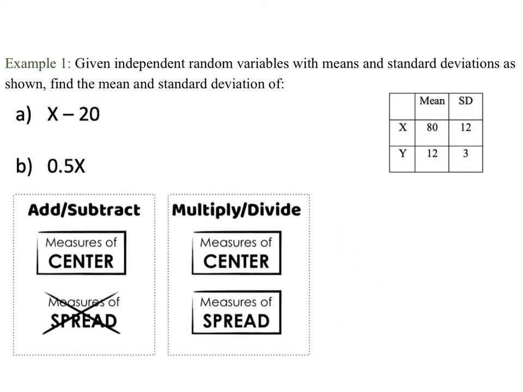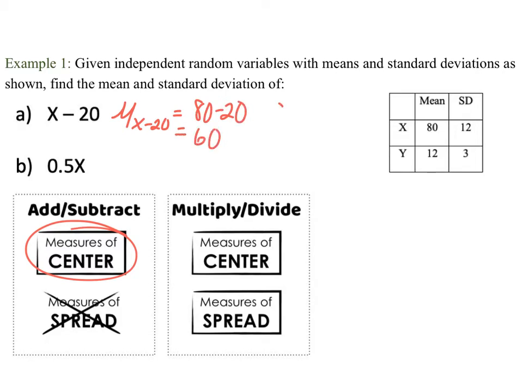I've put them here on the screen to remind you. So what are we going to do? To find the mean of our random variable minus 20, we just add or subtract from it. So 80 minus 20 is 60.